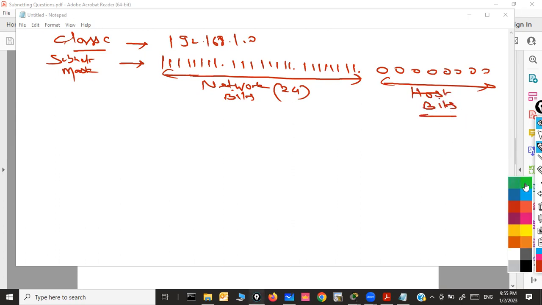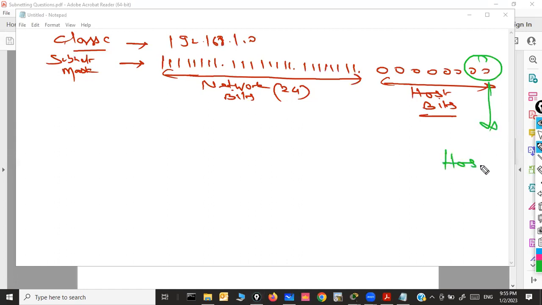We are doing subnetting in reverse order this time. So we are leaving only 2 bits for the host, because we know that if we use 2 bits for the host, the total number of IPs would be 2 only.